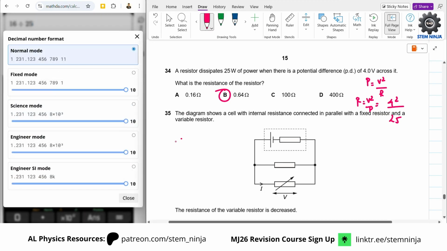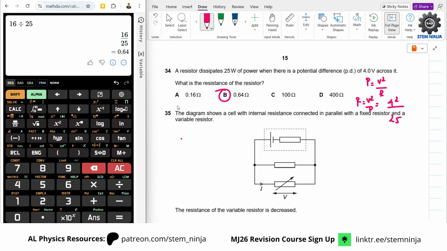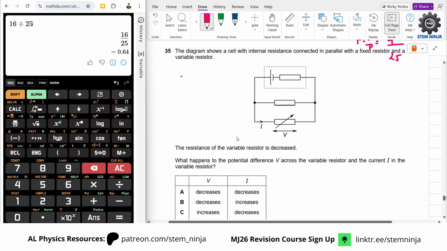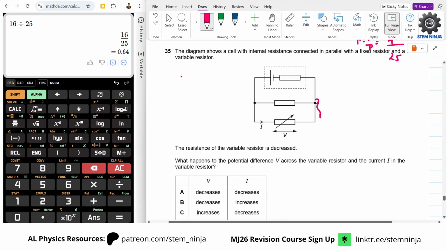The diagram shows a cell with internal resistance connected in parallel with a fixed resistor and a variable resistor. The resistance of the variable resistor is decreased. What happens to the potential difference V across the variable resistor and the current I in the variable resistor? You have this parallel combination.